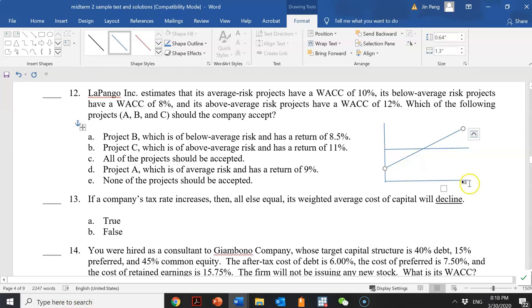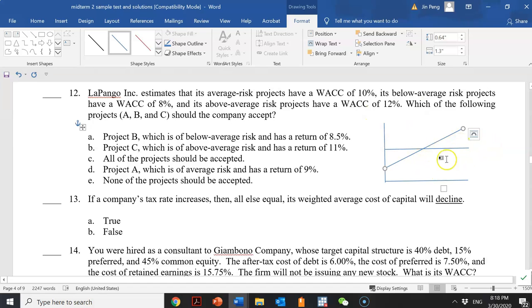For the x-axis, this is risk. For low-risk projects, we have a lower WACC. For high-risk projects, we have a higher WACC. Any point above the line means the project has a return higher than the WACC of the same risk level, so we should accept the project.